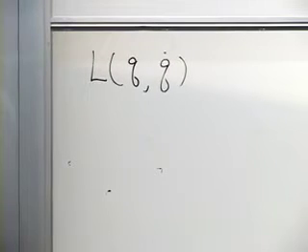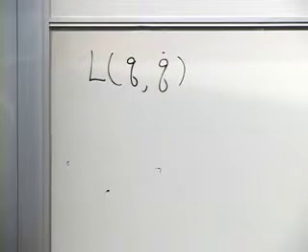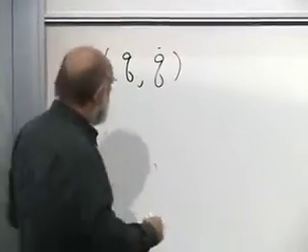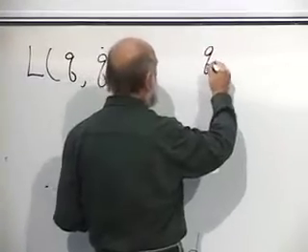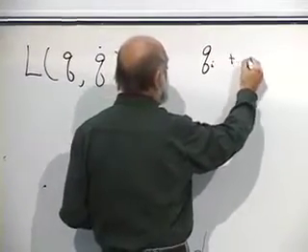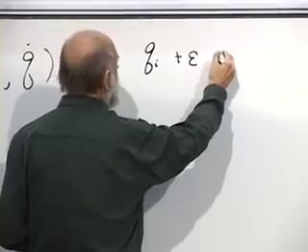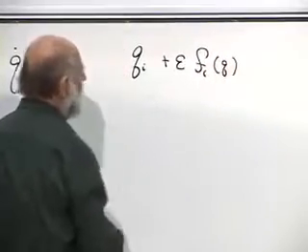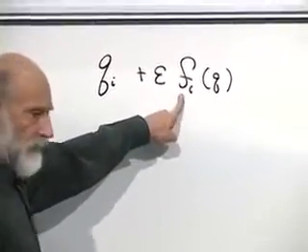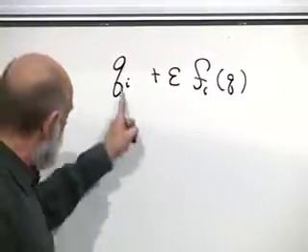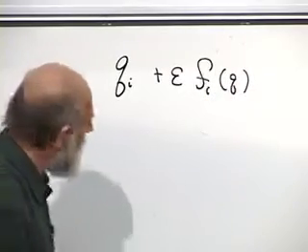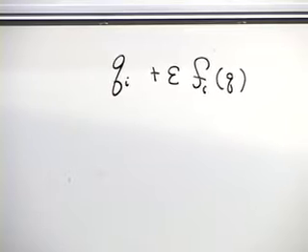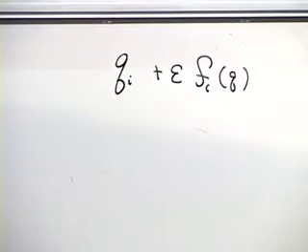Now, supposing the Lagrangian is unchanged if you make certain transformations on q, and in particular, if you take each q sub i and add to it a small change which has the form epsilon f sub i of all the q's. This means some ith function of all the q's, including q sub i, q1 through qn. Supposing if I make such a change, the Lagrangian just doesn't change.